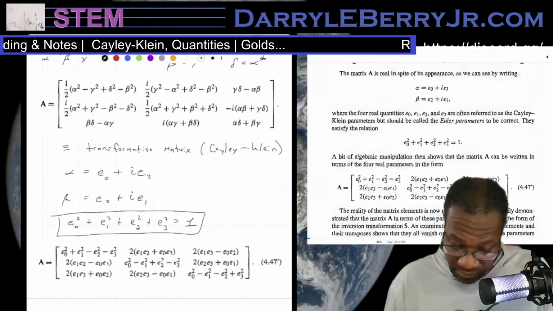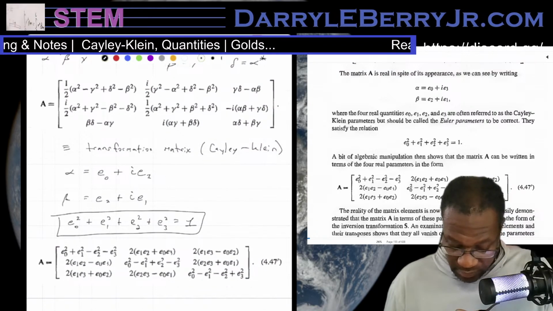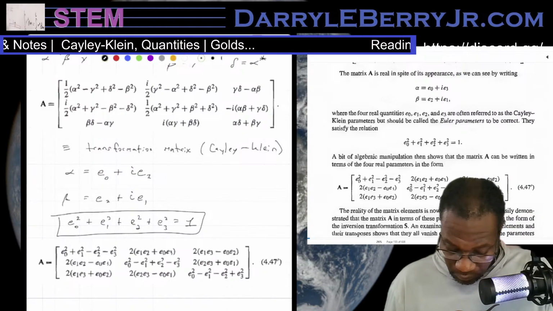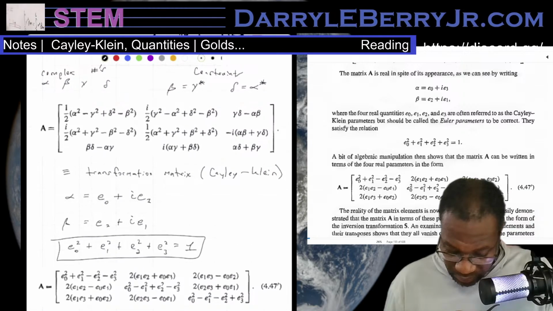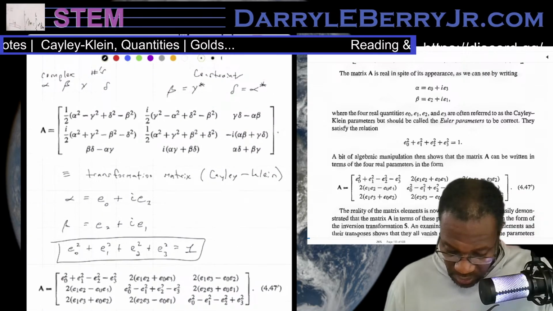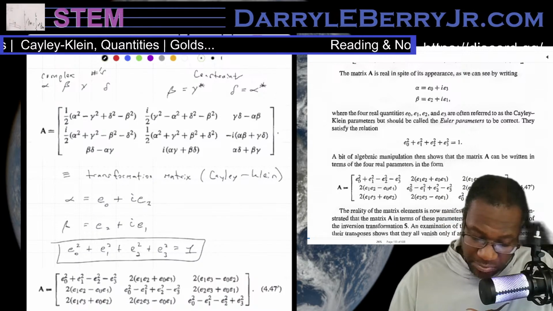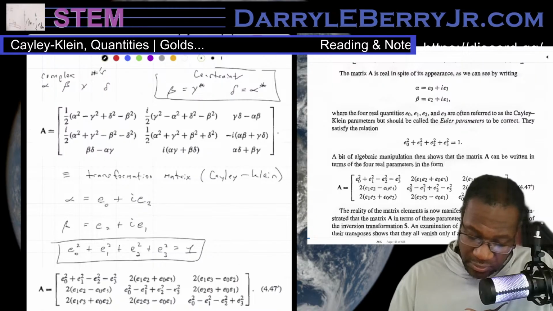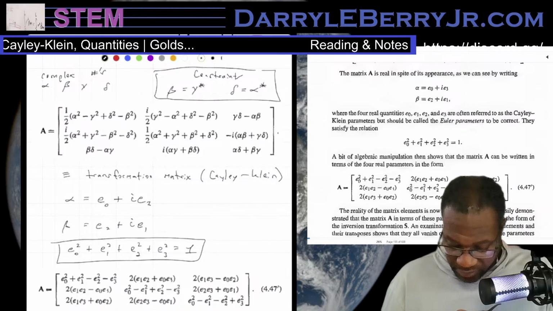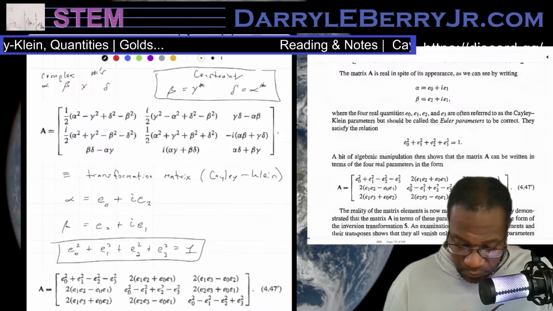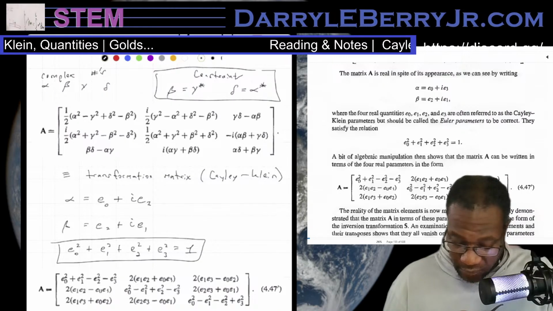Looks like we replaced alpha with what it is, beta with what it is. And what I mean, the complex conjugate. So gamma is the complex conjugate of beta, and delta is the complex conjugate of alpha. So that's how they replace gamma and delta. So basically, if you put a complex conjugate on alpha, you get delta.